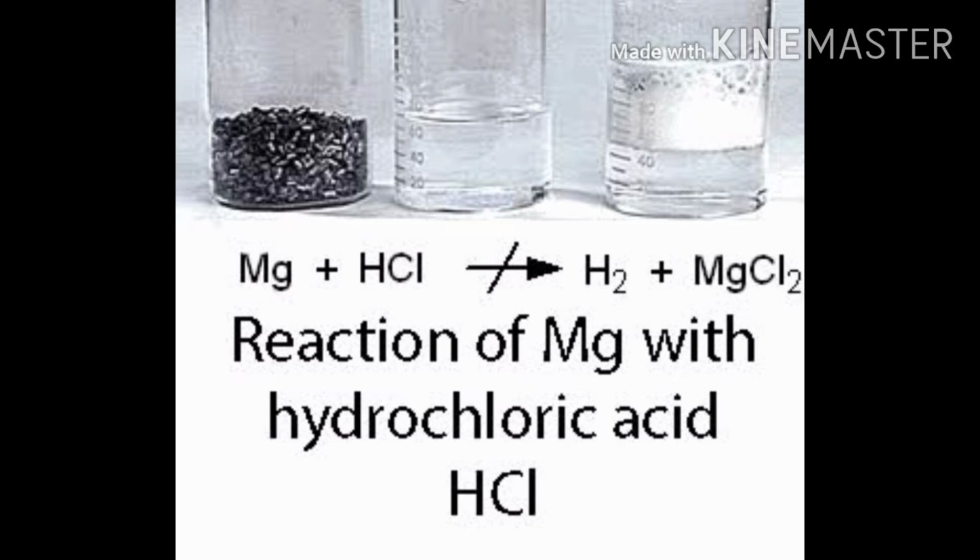Now, let us see what happens when aluminium reacts with dilute hydrochloric acid. You can see here in this picture, when we take aluminium foil and add it into the acid, the reaction will take place forming the salt, and hydrogen gas will be released.